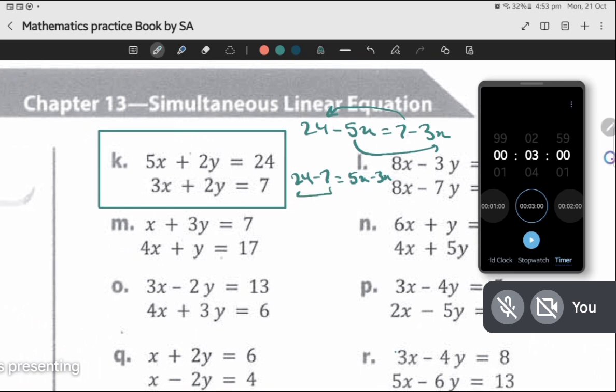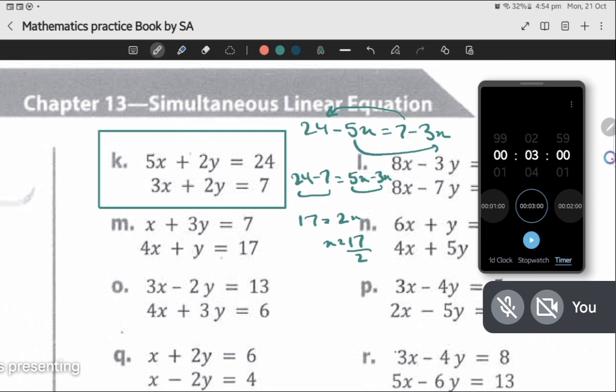What is this? 17. And what is this? 2x. So x is equal to 17 over 2, right?